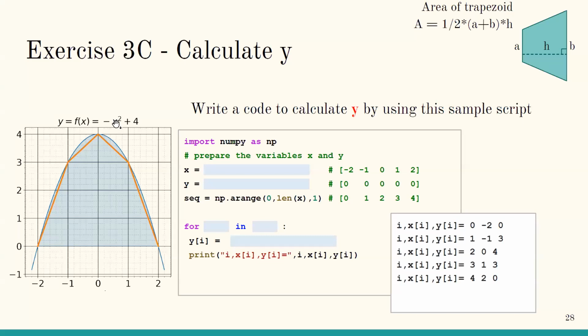Okay, for exercise 3C, I have already listed the numbers for you here that you need. The x values -2, -1, 0, 1, and 2. So try to produce that with the functions that you have learned. Also for y. So I will make use of the zeros like function that you have learned, right?